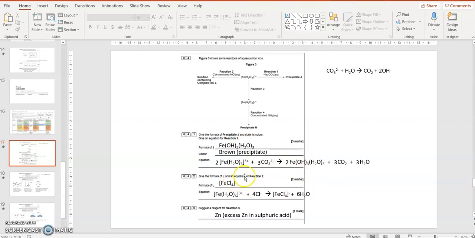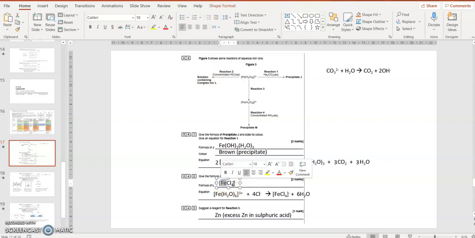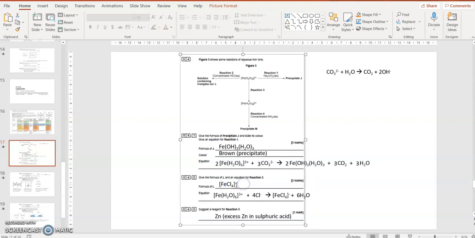Give the formula of L and the equation for reaction 2. Reaction 2, concentrated HCl, so you're going to get 4 Cl ligands around the Fe. If Fe is 3+ and there are 4 Cl-, 3+ and 4- leaves 1- left over. That's why it's a solution. It's a green colour.